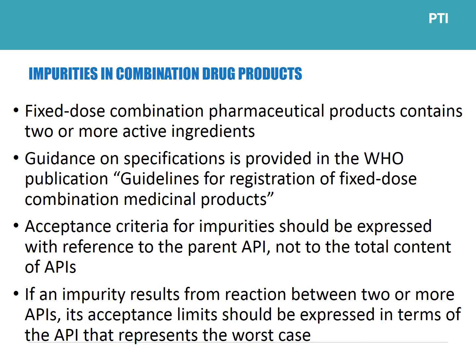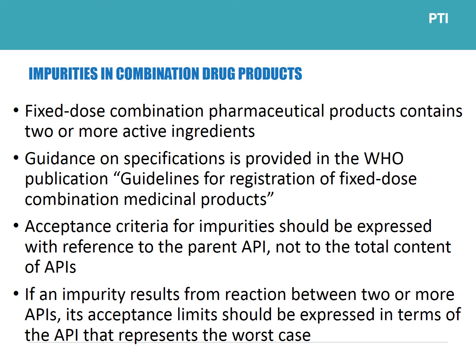So impurities in fixed dose combination products pose a particular challenge. Fixed dose combination products contain 2 or more active ingredients, and we've mentioned already the World Health Organization guidelines on fixed dose combination products. The impurity acceptance criteria are expressed with reference to the parent API.